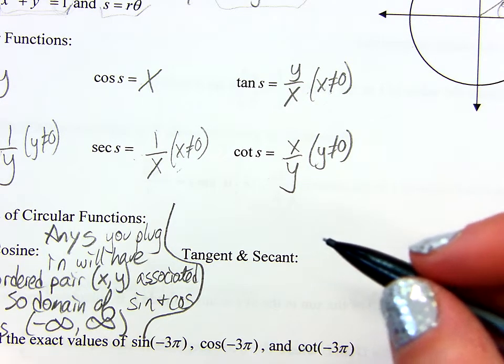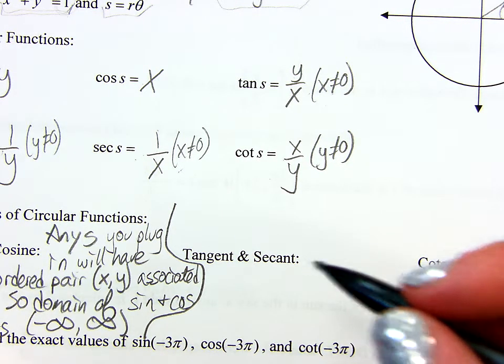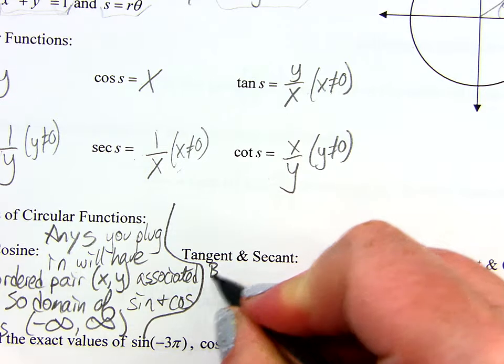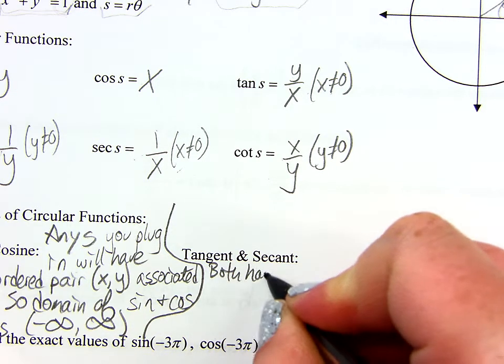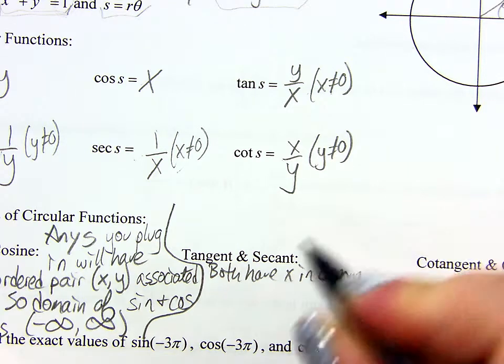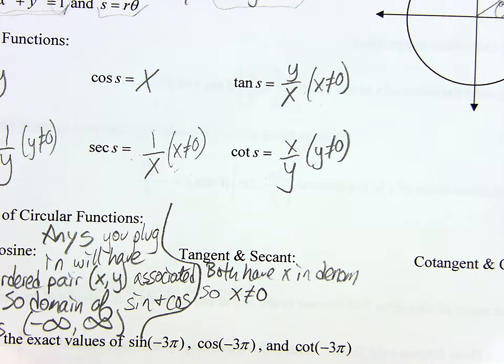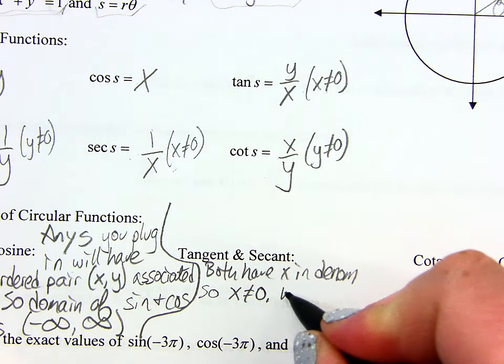Both have x in the denominator. So x can't equal 0. But where does x equal 0?